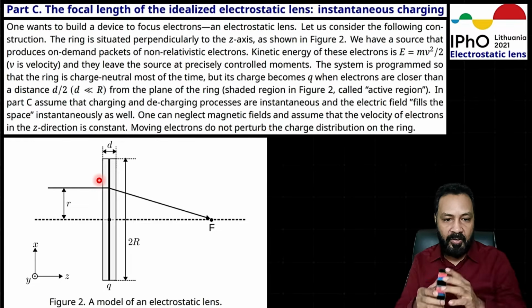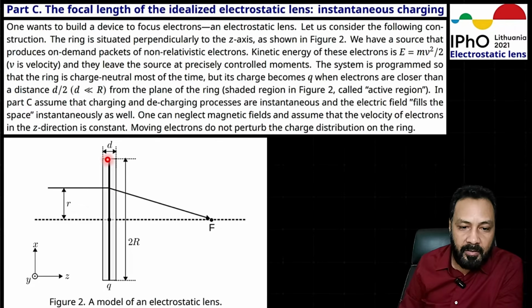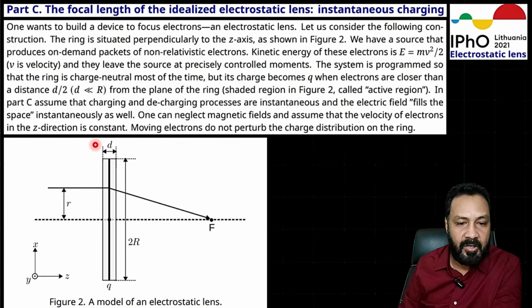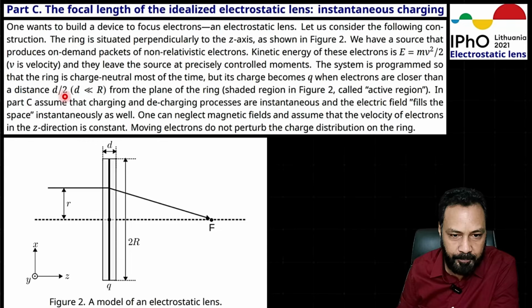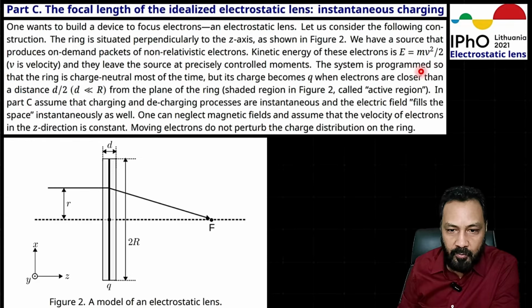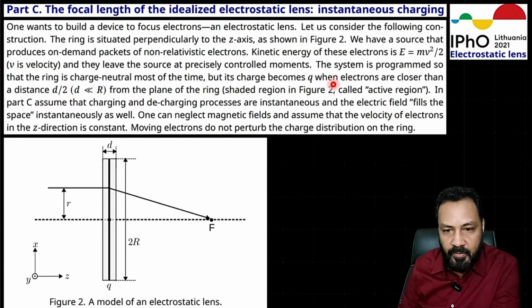When the electron reaches the active region, only then does this ring get charged, and when it goes out of the active region, it becomes chargeless by some mechanism. That's what is written. So the system is programmed so that the ring is charge neutral most of the time, but its charge becomes q when the electrons are closer than a distance d by 2 from the plane of the ring, and that is called the active region.